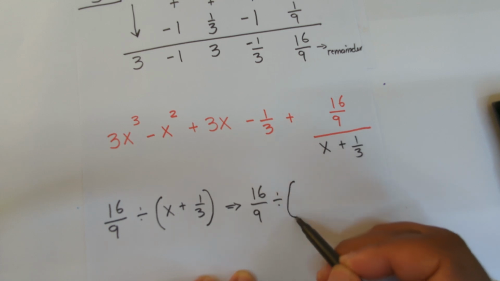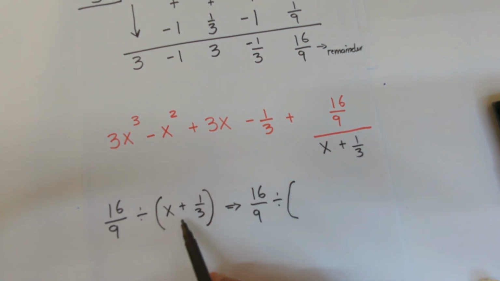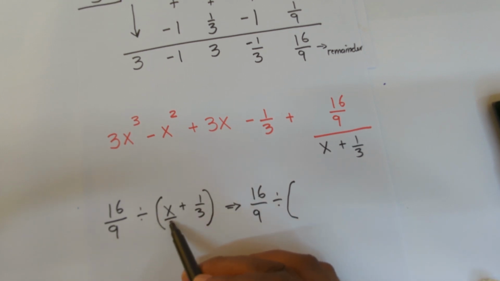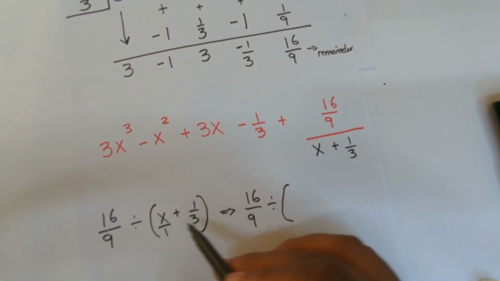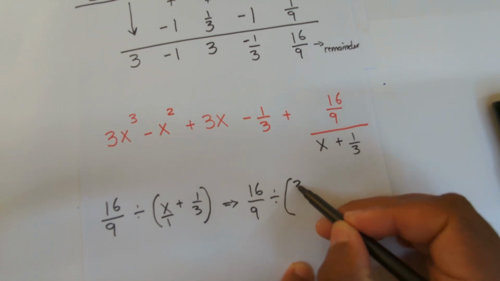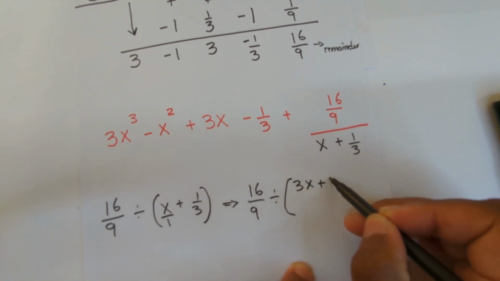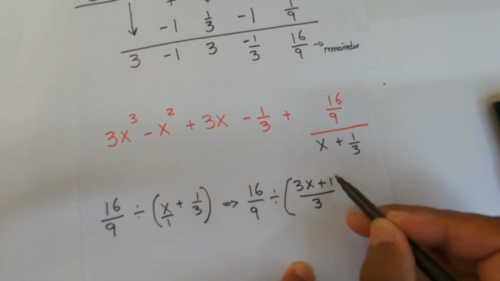And let's simplify the inside bracket, which is x plus 1 over 3. So this is x over 1. So if you simplify the inside bracket, you're going to have 3x plus 1 over 3.